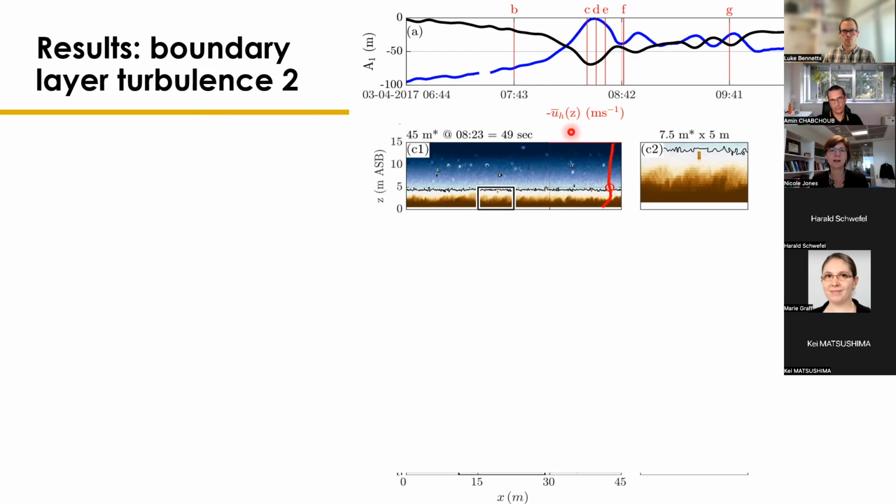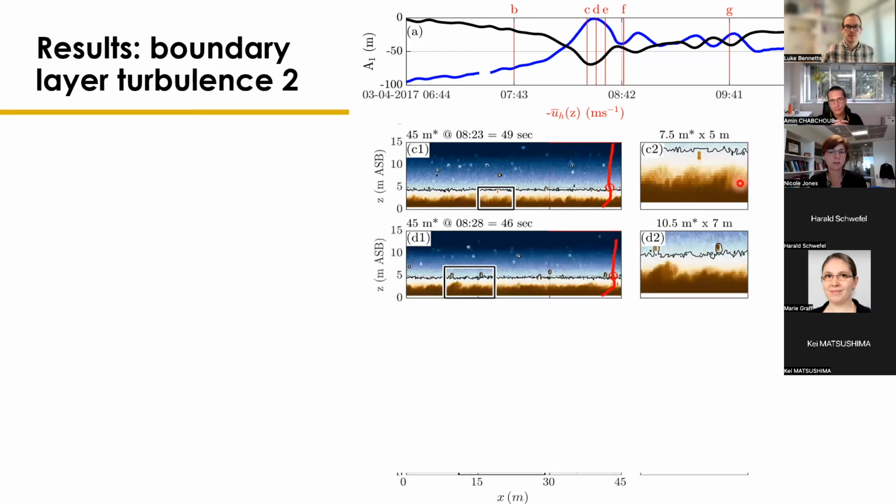So we see at time C here, this red line, just before the peak velocity, we have these structures that are quite confined to the near bed, about 2.5 metres off the bed. If we zoom in, in this little box here, we can see these elongated structures pushing out towards the ocean above it.